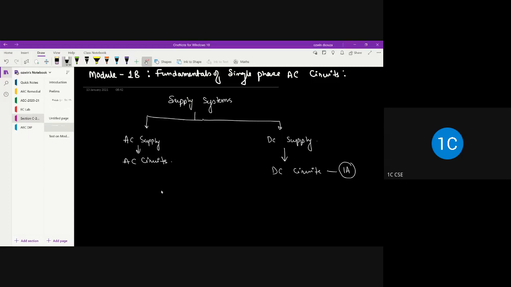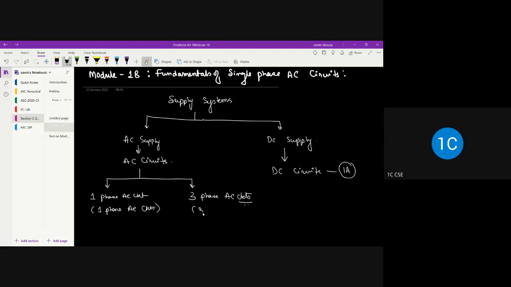Now, in AC circuits there are 2 types. Single phase AC circuits, which work on single phase AC supply. And the second classification is 3-phase AC circuits. In short, let me write 3-phase AC circuits.